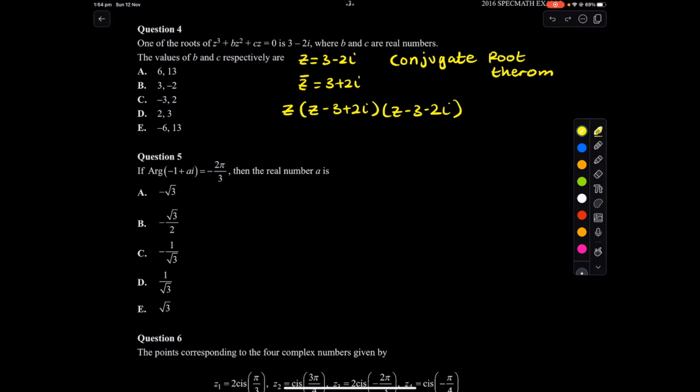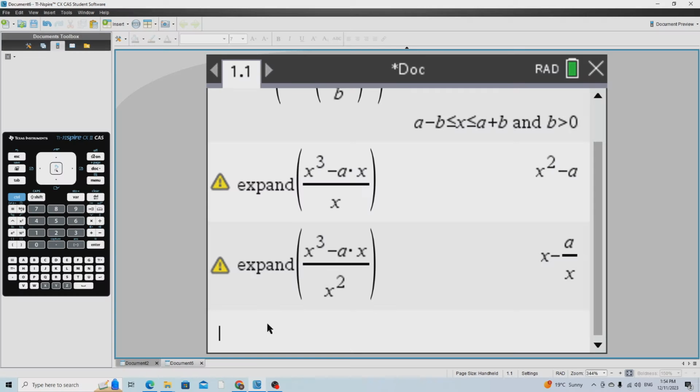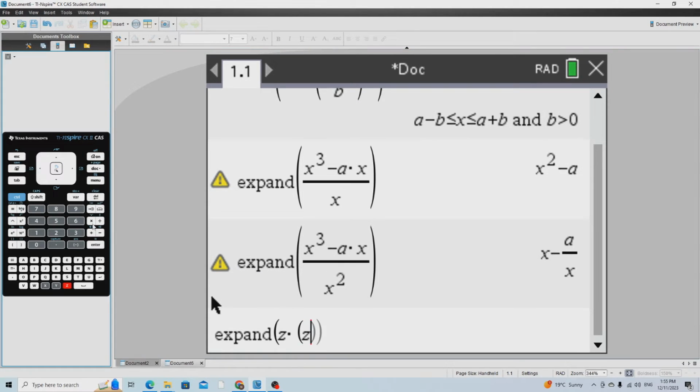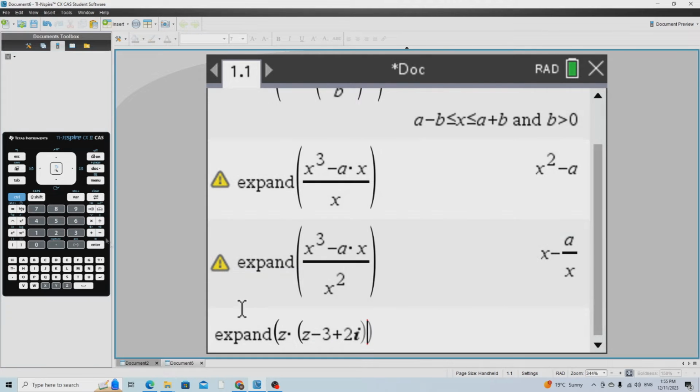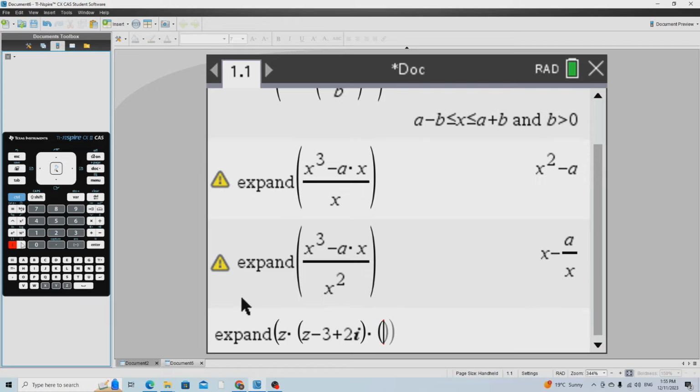So using your calculator and expanding this, you should get your actual answer. If I go expand, z times (z minus 3 plus 2i) times (z minus 3 minus 2i).